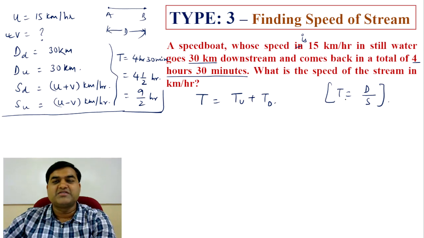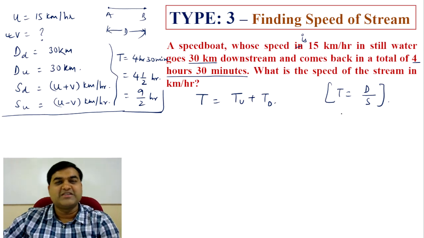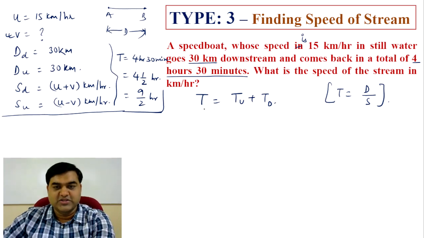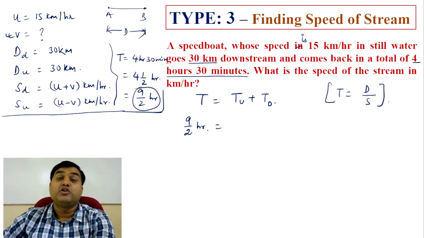Because distance is equal to time into speed, or speed is equal to distance by time, hence time is equal to distance by speed. So we are using the same formula. T is equal to 9 by 2 hours, which is the total time taken upstream and downstream.